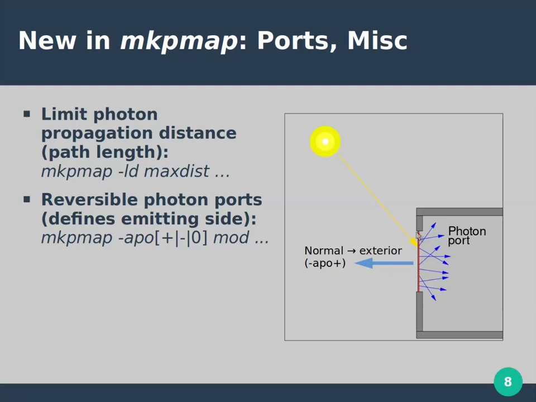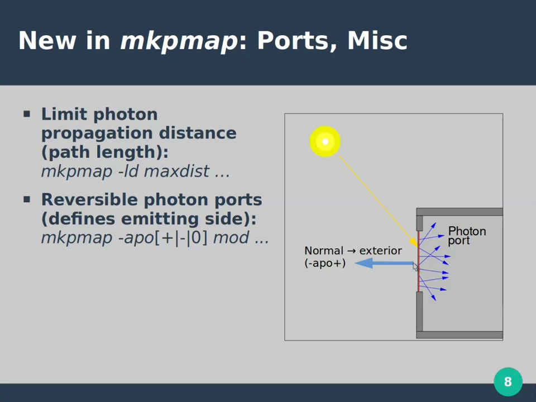So the photon port, which can be any surface that you define using a modifier of that surface, in this case a fenestration, will act as an emitter in lieu of the sources, basically all the sources that it has a direct line of sight to. And by mkillum convention, the normal of this fenestration points out.